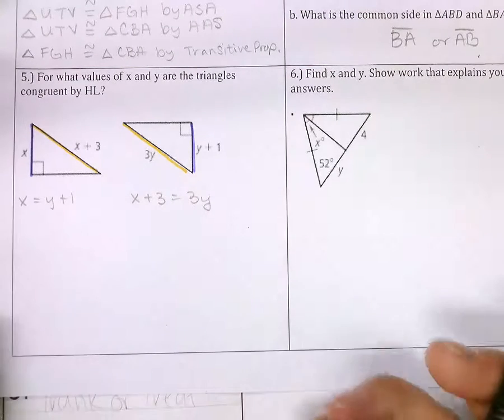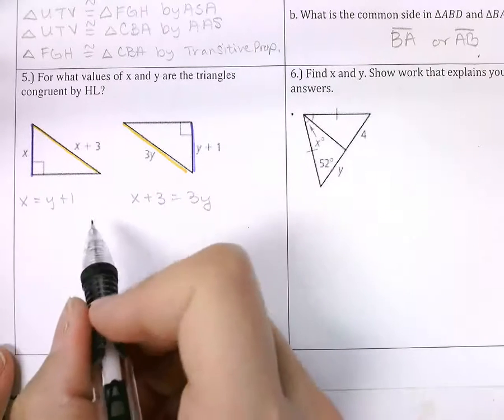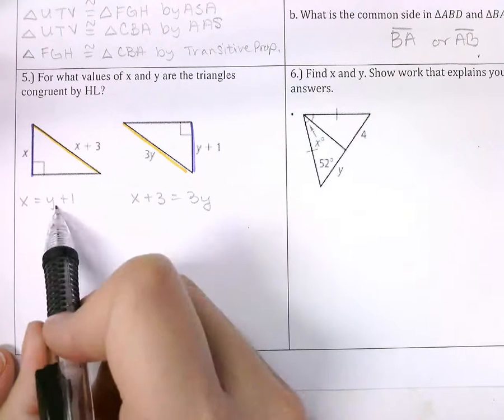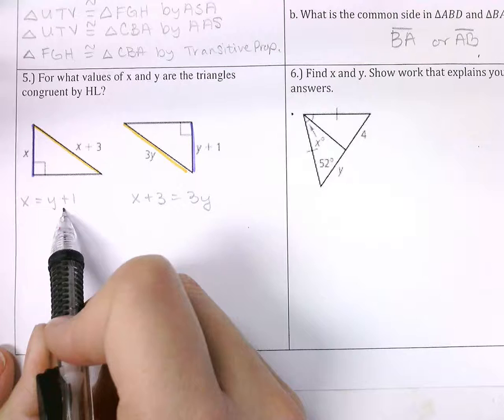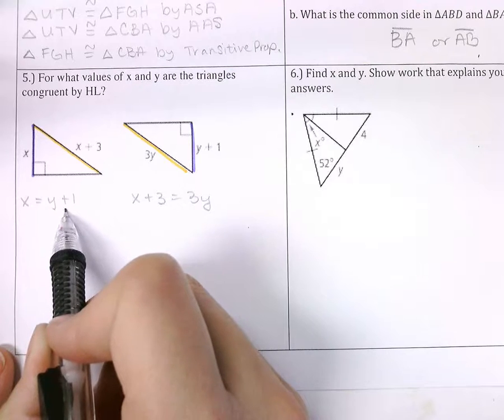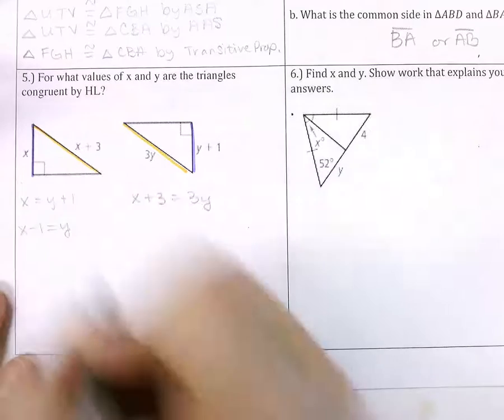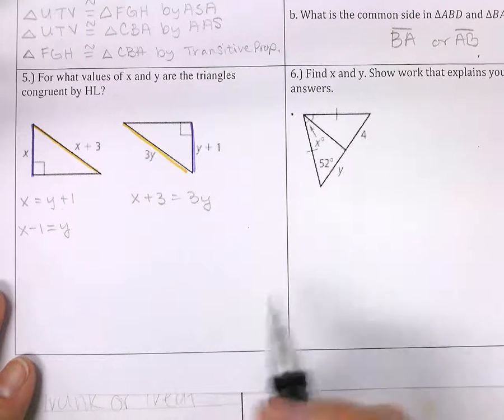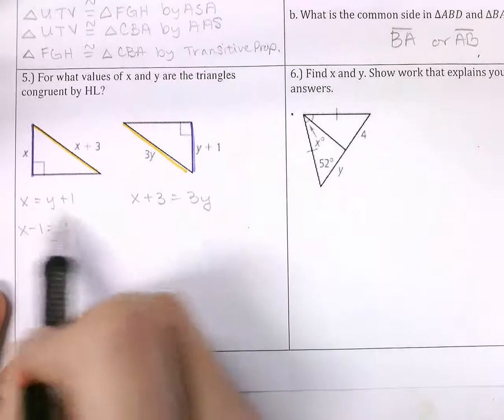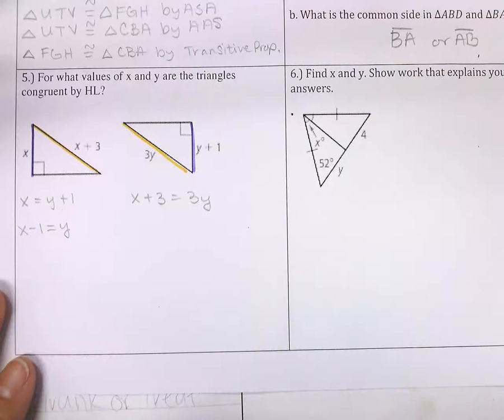Okay, let's pretend for a second that we didn't have that. We would maybe go to this equation and we would solve it for y. So how would you solve this for y? Minus 1. Yeah, so you'd get x minus 1 equals y. So that's what you would do if you weren't already given something already solved for. Now, we don't have to do that for this question.